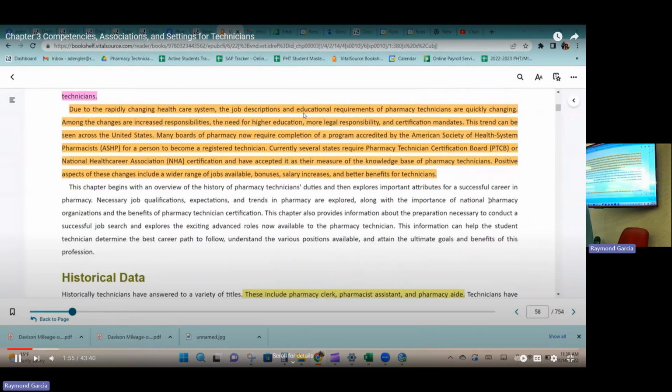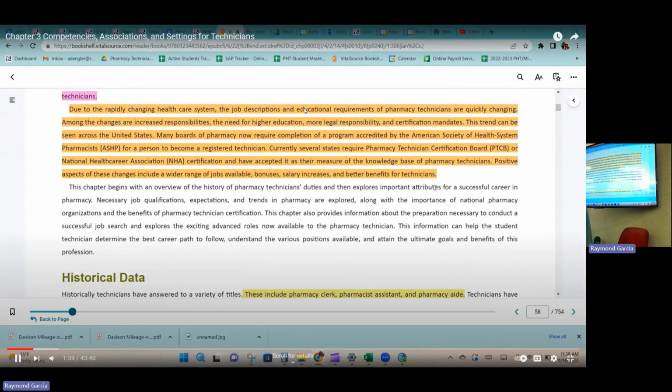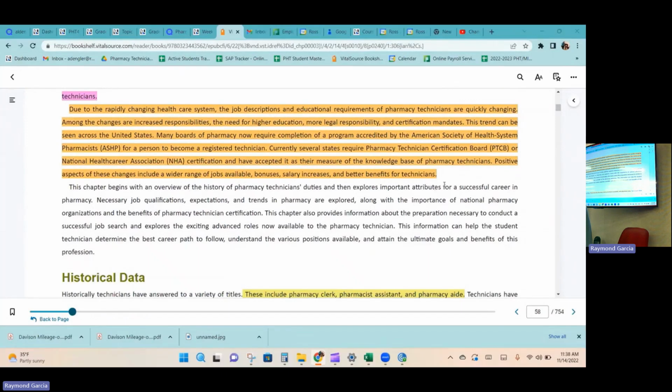States require Pharmacy Technician Certification Board or National Health Career Association certification and have accepted it as their measure of the knowledge base for pharmacy technicians. Positive aspects of these changes include a wider range of jobs available, bonuses, salary increases, and better benefits for technicians.